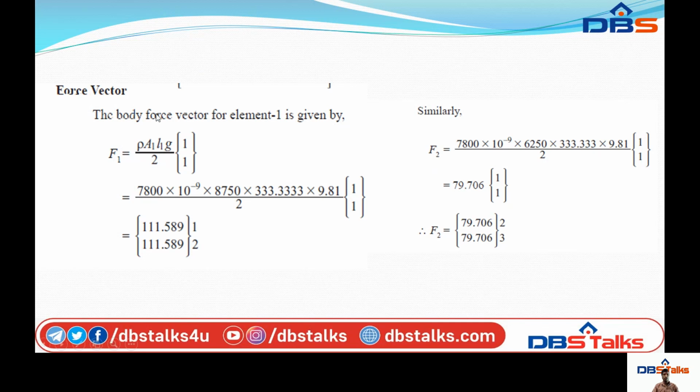So here in this problem, they gave the mass density rho. For that reason, I'm taking this formula for finding the body force vector. The calculation of the body force vector: rho is 7800 into 10 power minus 9.